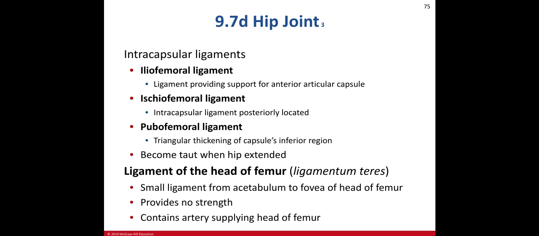And the ligamentum teres, or the ligament of the head of the femur, is a small ligament that is going into that socket. It's not providing strength, but it's very important in supplying the arteries to the head of the femur.